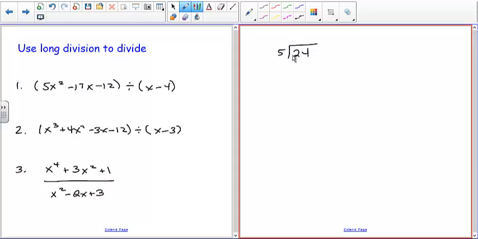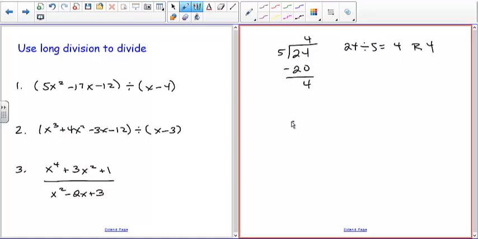If I multiply by 5, I'll get 25. So you pick the number that's less. 5 times 4 is 20. Write that down. Then we subtract. So notice I wrote 20 down, 5 times 4 is 20, but then I subtract, and that leaves 4 left over. So if I were to show this with numbers, I'd say, 24 divided by 5 is equal to 4 with the remainder of 4.